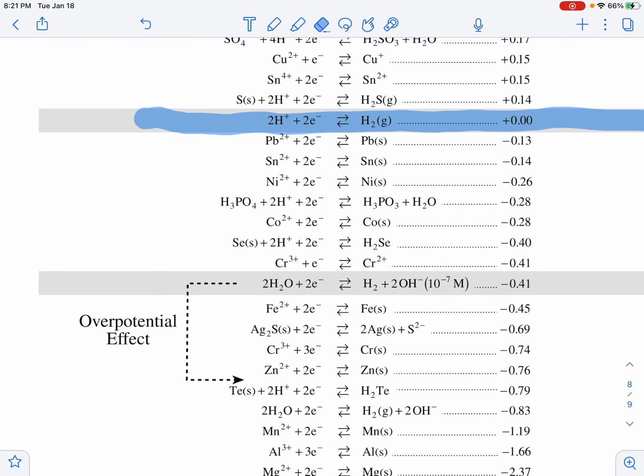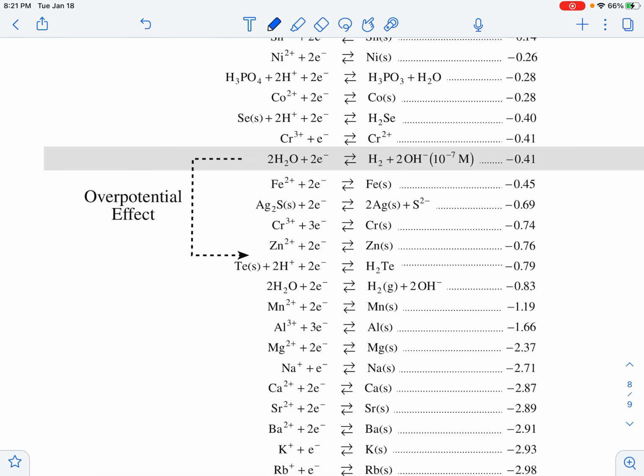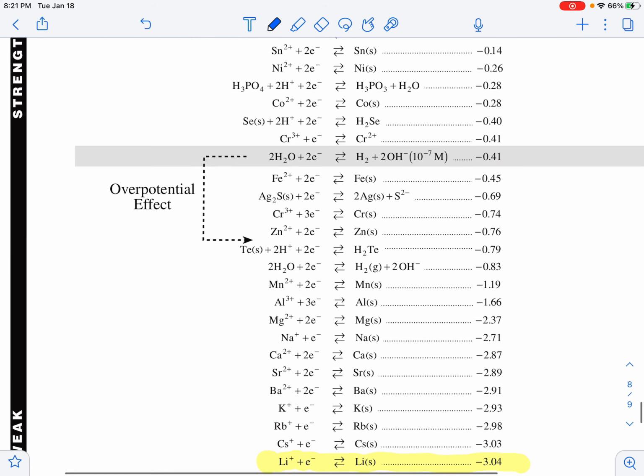It's reducing, so I'm going to look for Mn plus 2 on the left-hand side. Because manganese is a metal, it's probably going to be in the bottom half of the chart. Here it is. Found it. Mn plus 2 reducing into Mn has a cell potential of negative 1.19.